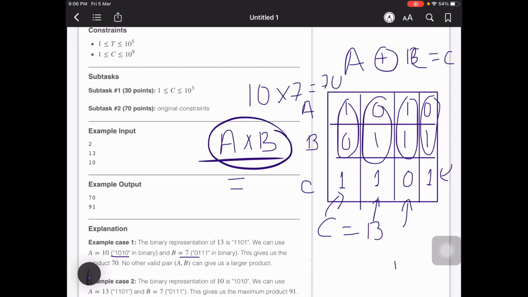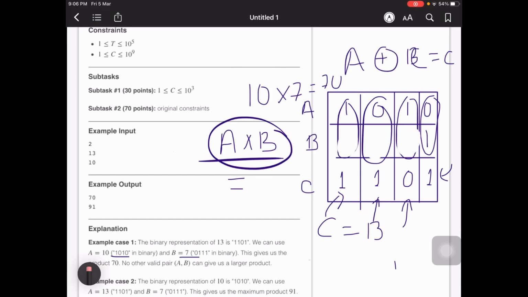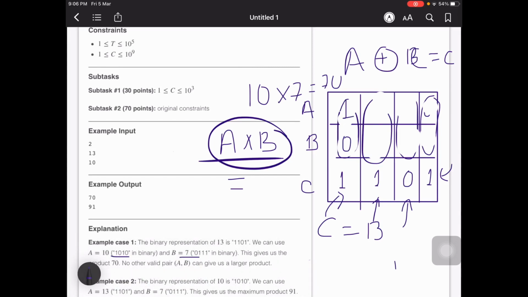Now, can there be any other possible solutions? Yes, but that won't be the maximum. I'll show you another solution, but that's not the maximum one. If we select here 1, here 0, and continue doing this, the condition a XOR b will always be satisfied.